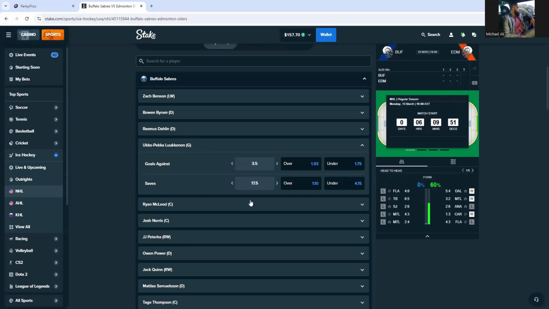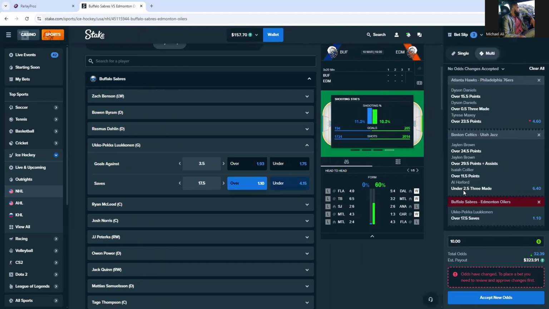This is going to blow your mind. Yeah, the odds very low on it, but now you could add this. Let's say he's averaging 25, all his saves is over 26, but you're getting 17. So it's almost a guaranteed win. So you could drop this here now.